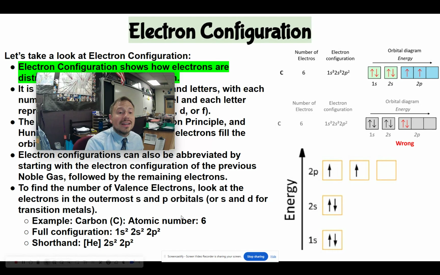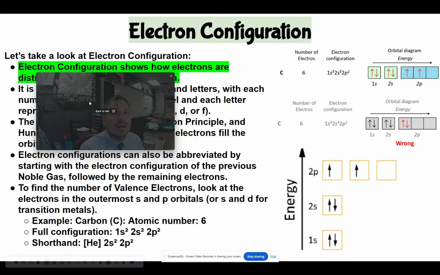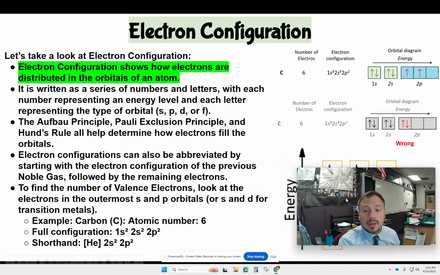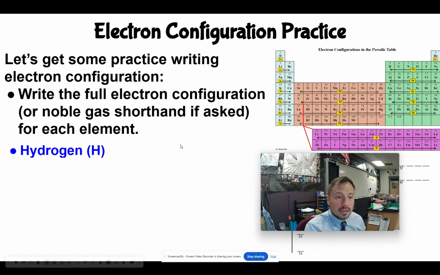You can also write it as a shorthand starting with the last noble gas, because a noble gas has a full valence shell, and after that it just repeats. So you can say it's just helium plus 2s2, 2p2. That really comes into play with larger elements.